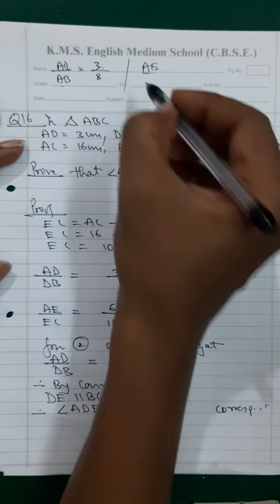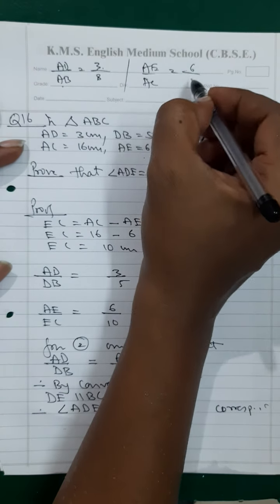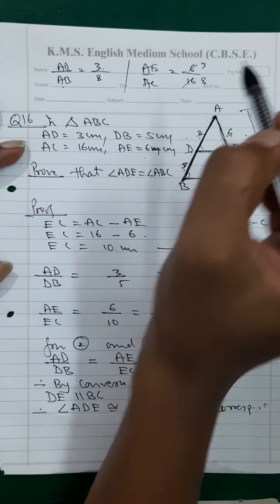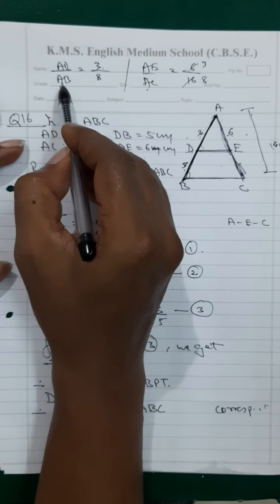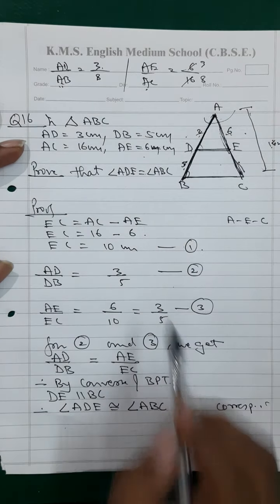AE upon AC is already 6 upon 16 they have given. So if I divide this, 2 3s are 6, so these both are congruent. AD upon AB is equal to AE upon AC. And this is a common angle.